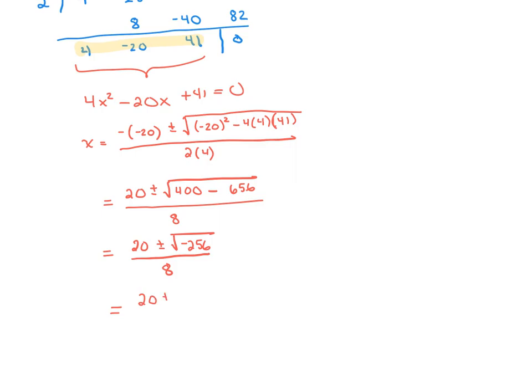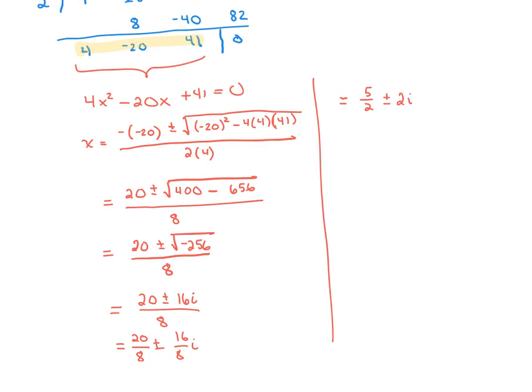So we have 20 plus or minus 16i over 8. So that's 20 over 8 plus or minus 16/8 i. And so that is equal to 20/8 reduces to 5/2 plus or minus 2i.